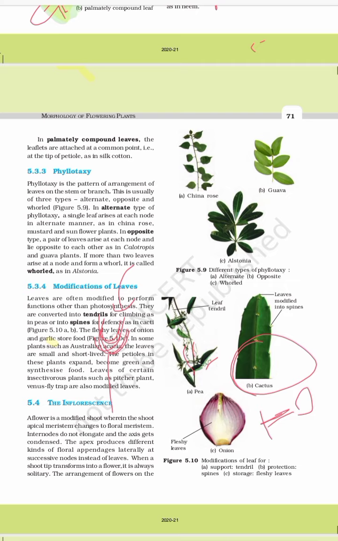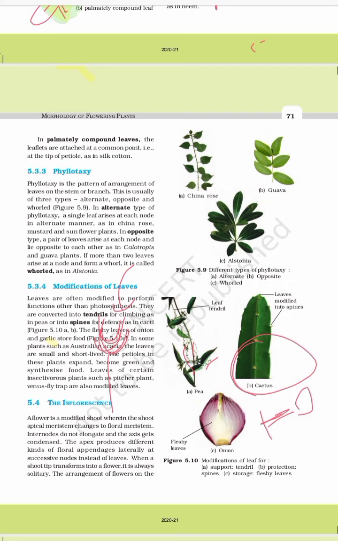Then leaf pitcher, right? Leaf pitcher you can see in insectivorous plants itself. And the last one is succulent leaf. Succulent leaf means fleshy leaves that store water. For example, you have seen aloe vera, right? In aloe, it is very fleshy.